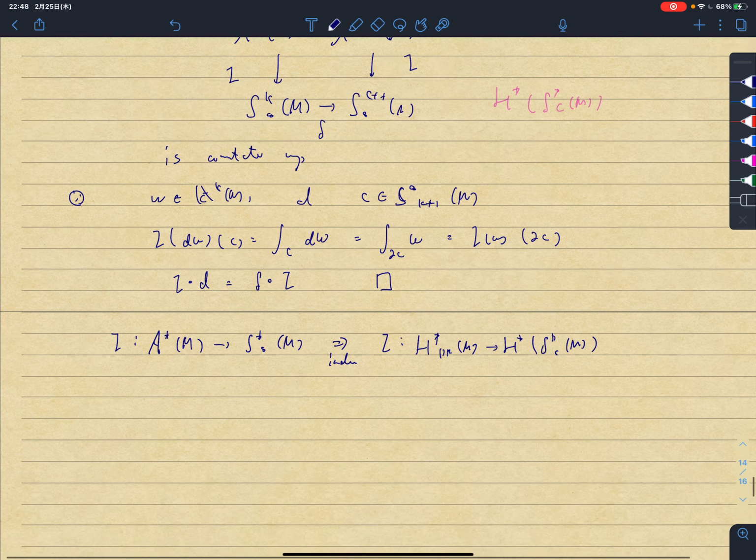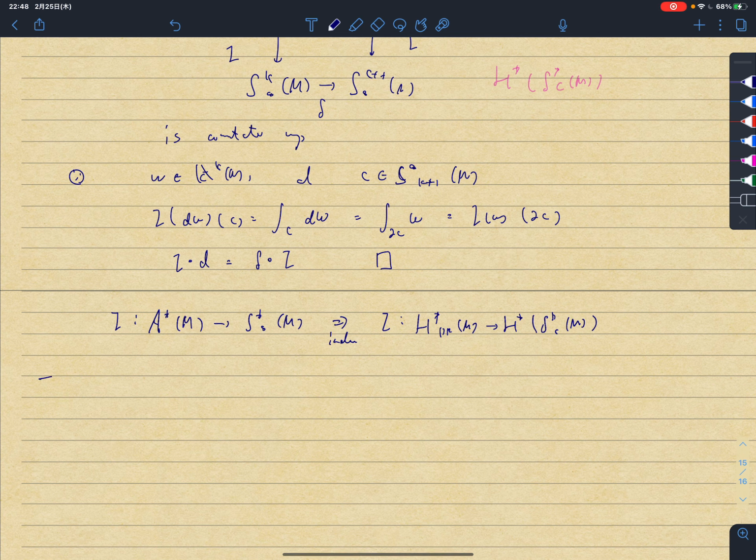Theorem 7.31, de Rham theorem. Let M be a smooth manifold. Then the cochain map I is an isomorphism.